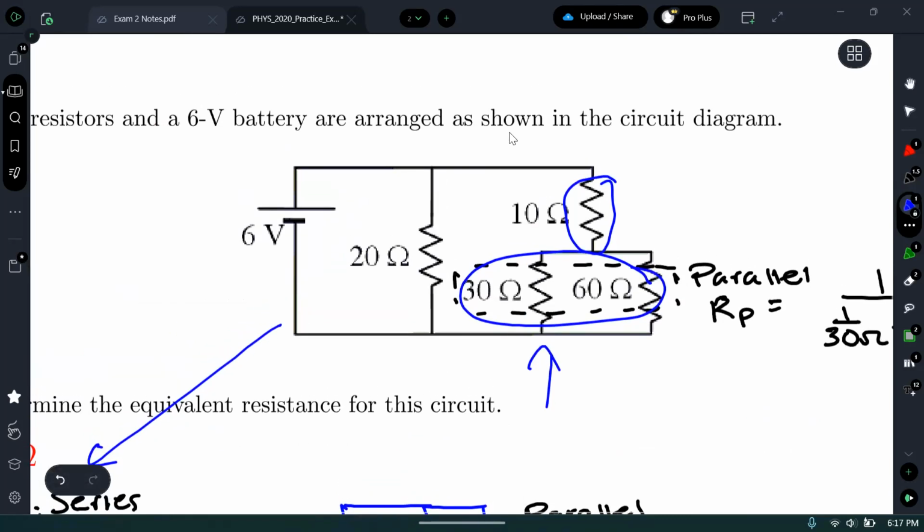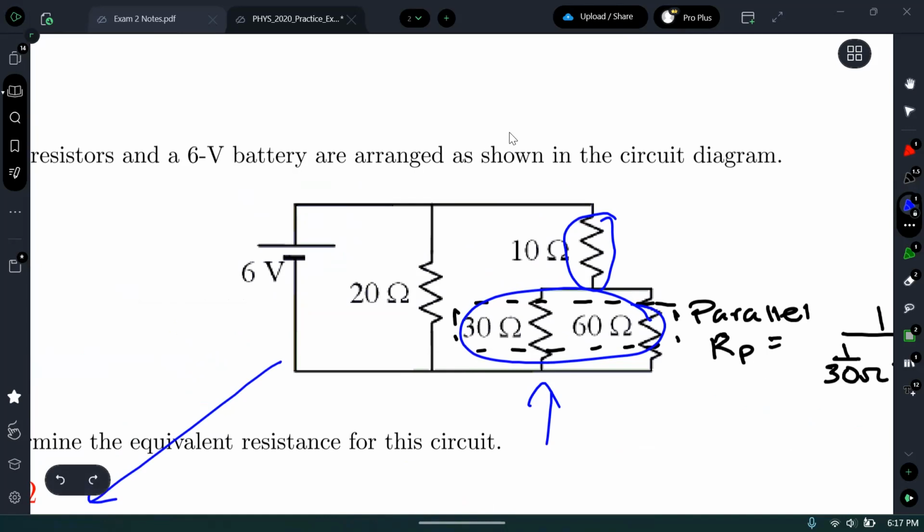Okay, so past that, I know that resistors in series add. So the 30 and 60 are in parallel. They have the same voltage as each other. So in my head, I kind of mentally replace them with a single equivalent resistor. So these are gone. That is the parallel addition rule.